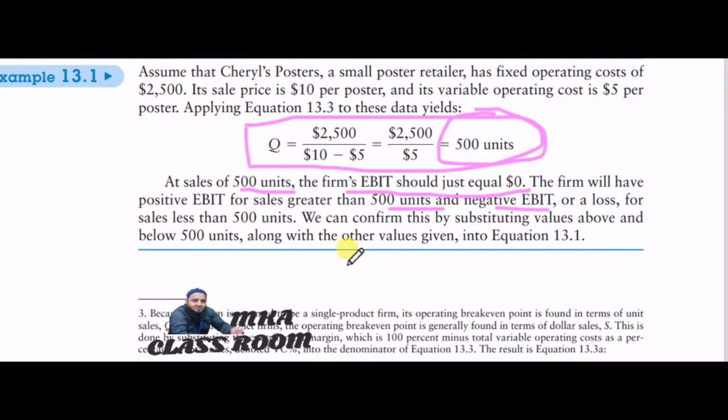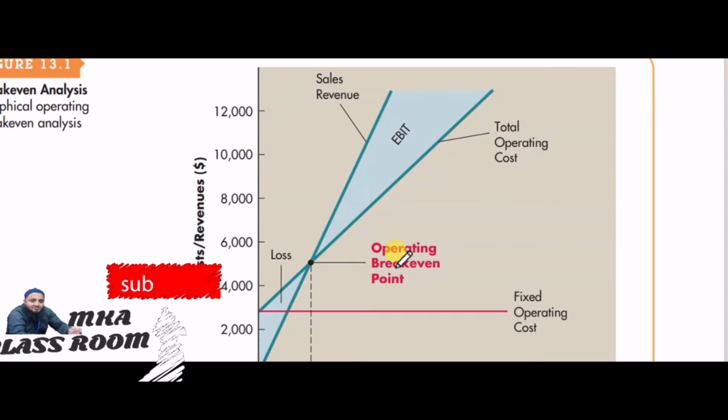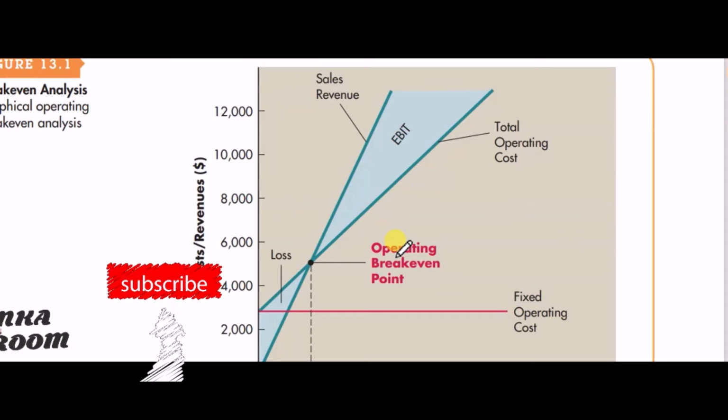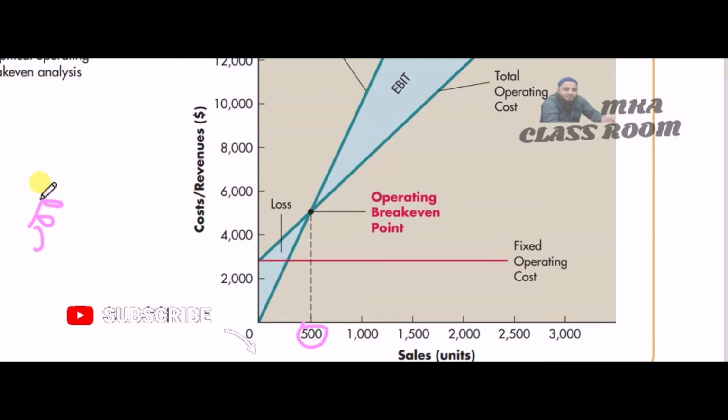This is the graph of that problem. 500 units times 10 means 5000 taka is the break-even sales, and 500 units is the break-even quantity.